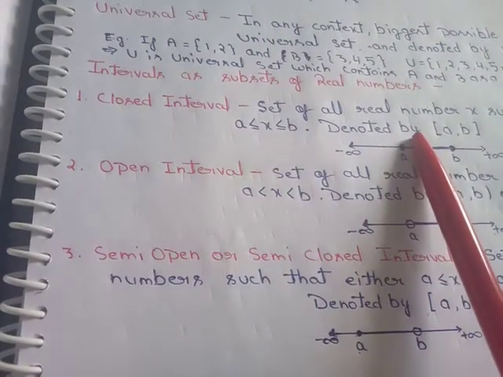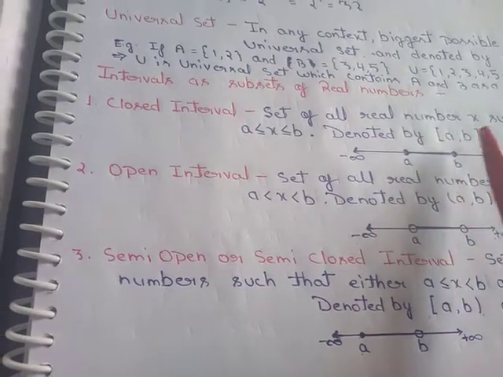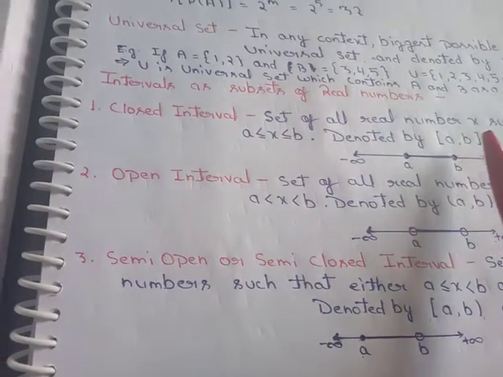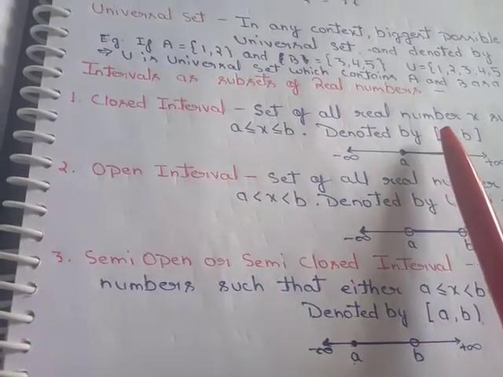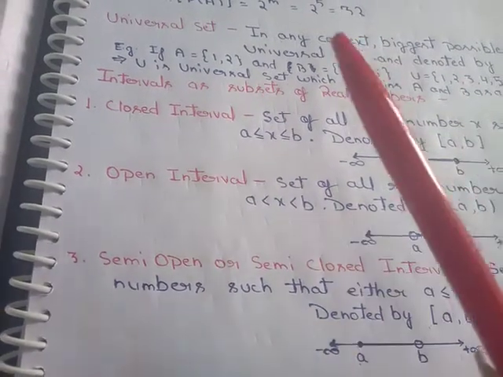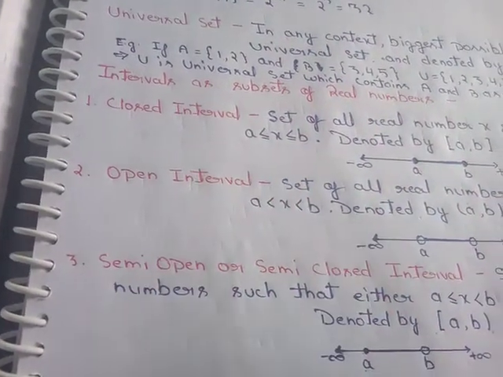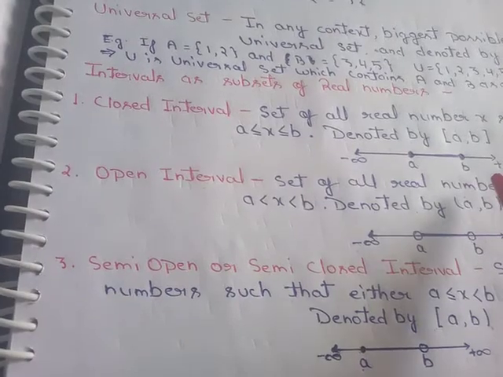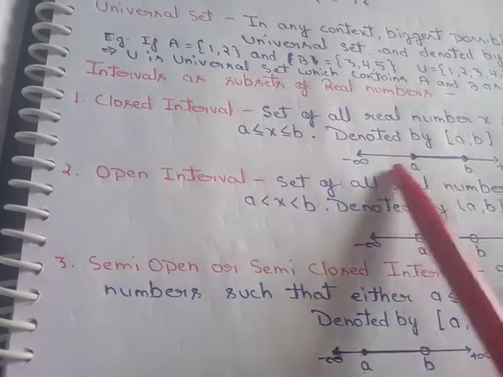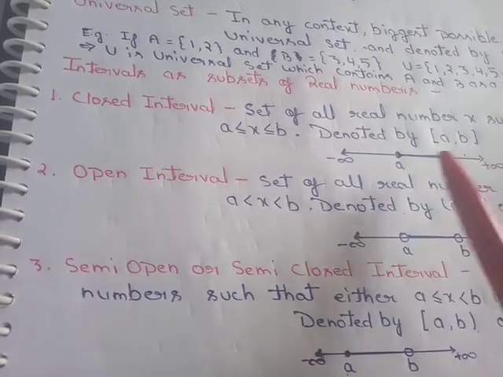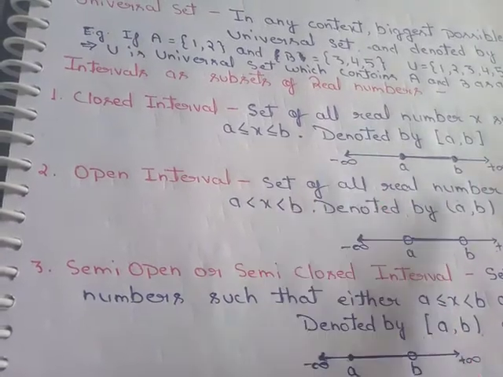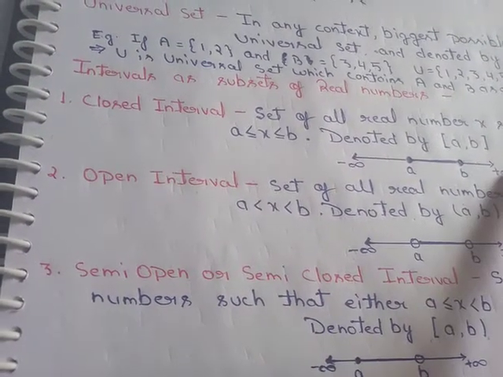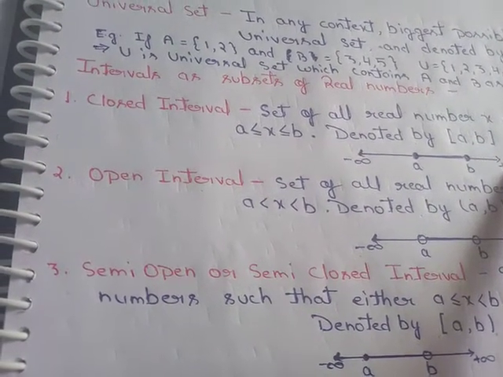and it is denoted by enclosing a, b within big brackets. These brackets are known as a closed interval. Now if we show this interval on the number line, this is minus infinity to plus infinity. It means the set of all real numbers.